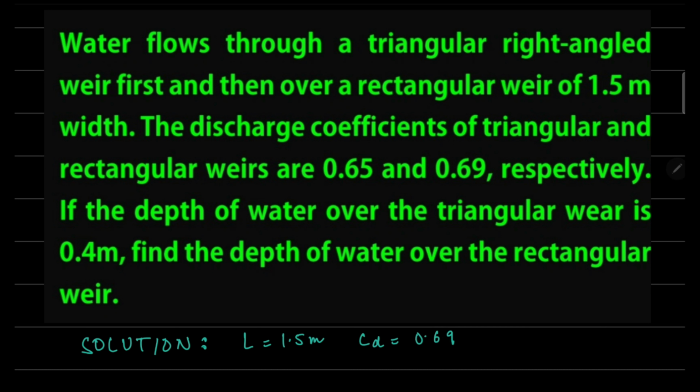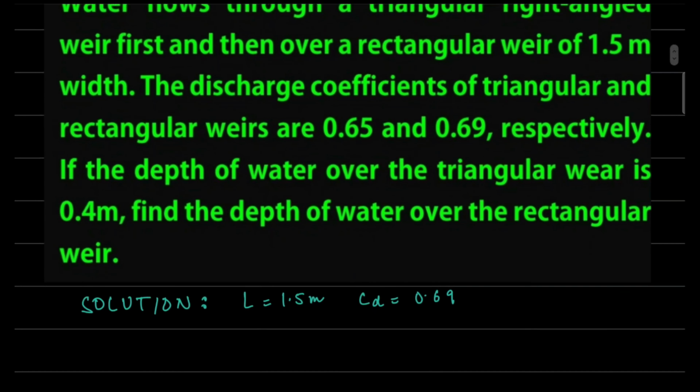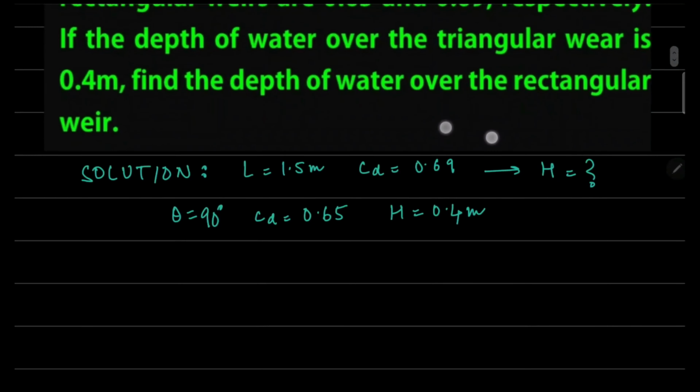For the triangular case, theta is 90 degree, the CD value is 0.65, and H is given, that is 0.4 meter. In this case, the H value over the rectangular weir is what we have to determine. So let's start the problem.